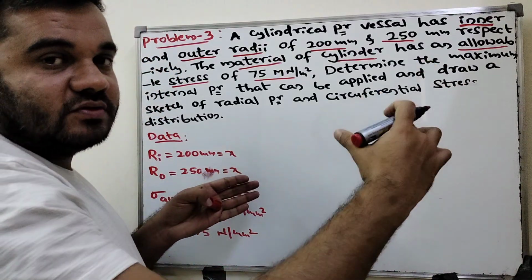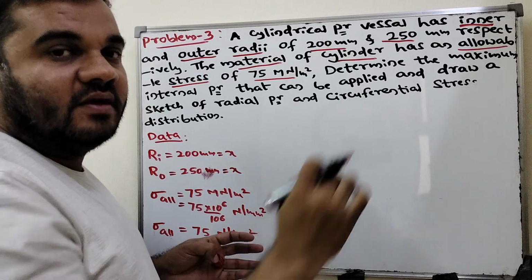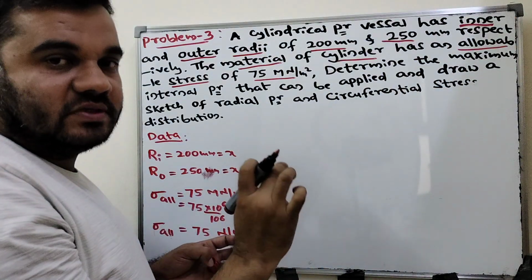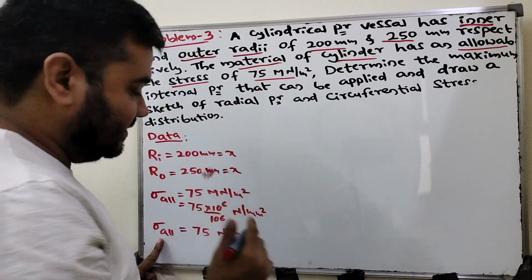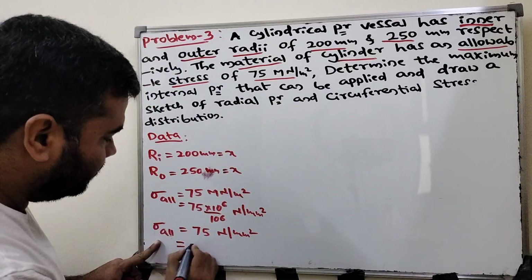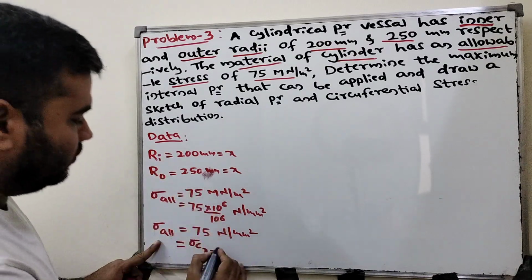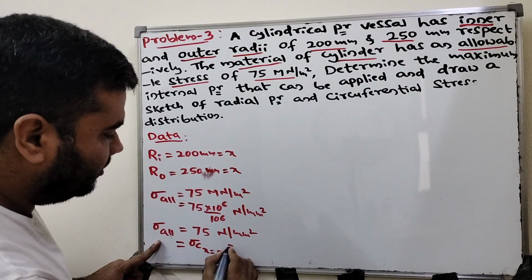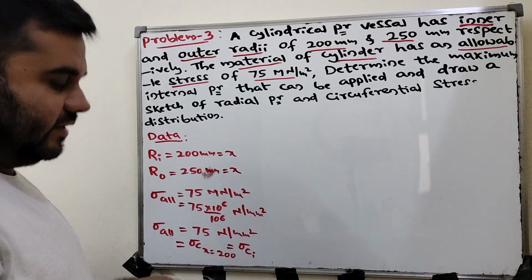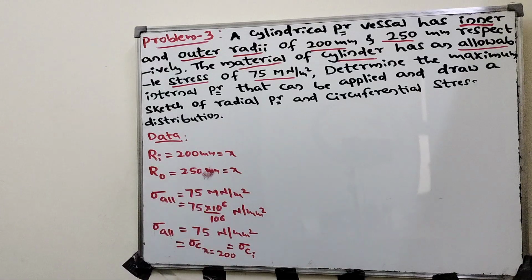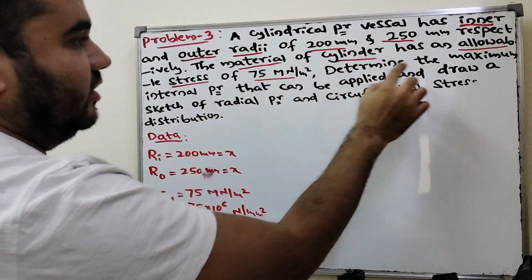As the thickness increases, the stress decreases, and finally it will be less in the outside. So I can write this at the inner side as sigma c at x equal to inner wall, at 200, that will be equal to sigma c i at the inner side.